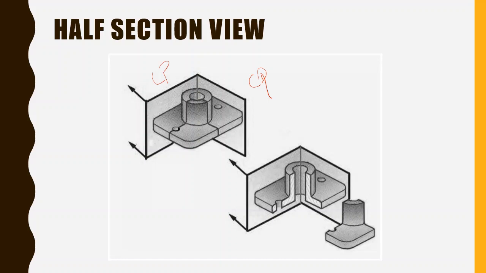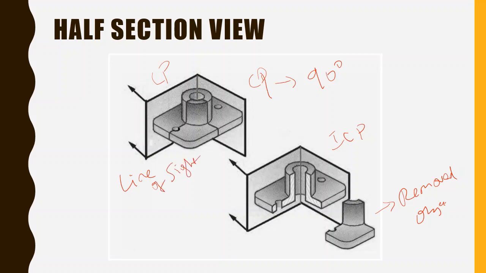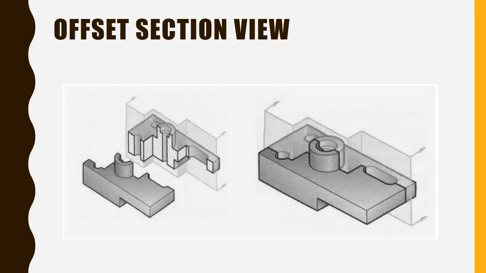So your cutting plane is rotated by 90 degrees equivalent, and you are introducing it into the half section. So that is called half section view. So here this will be your imaginary cutting plane and this will be your removed object, right? And this is going to be your line of sight, right?